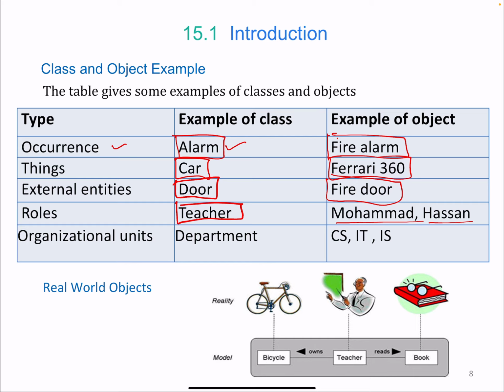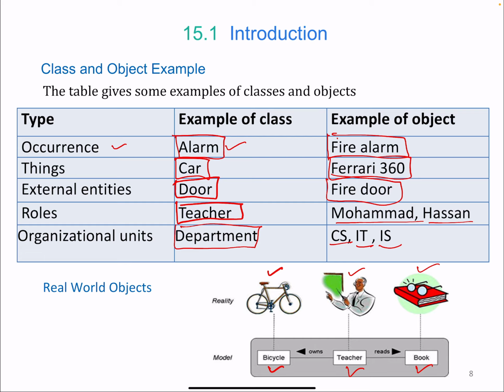Organizational units could also be defined as a class. For example, department could be a class, and the different departments could be represented as different objects of class department, for example CS, IT, IS. And not only that, classes can have relationships between them. For example, you could have a class called bicycle, another class called teacher, and another class called book, and you could represent them in your program as different classes.